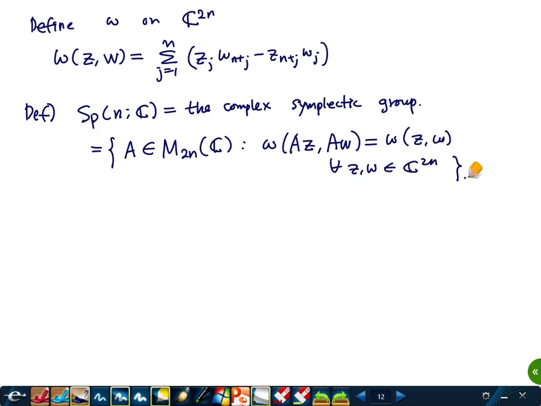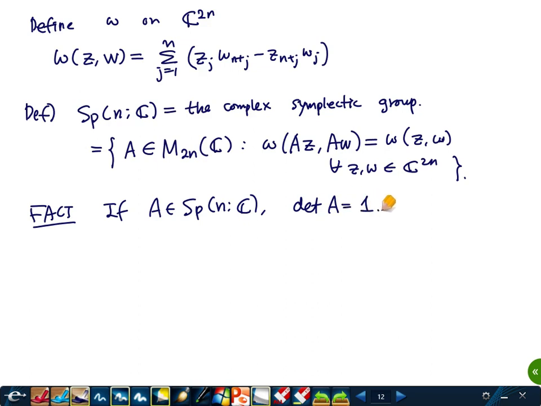Complex symplectic group. Again, the fact is that if A is inside the complex symplectic group, the determinant is always 1. So it's a known fact.